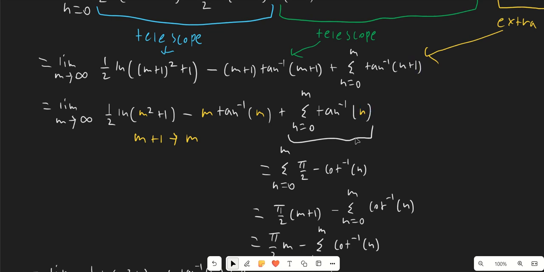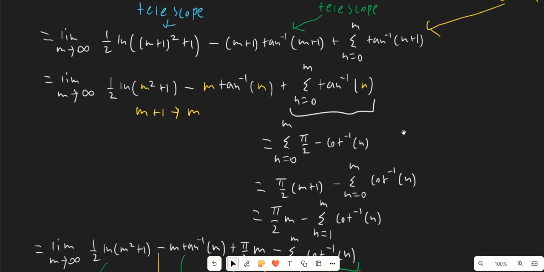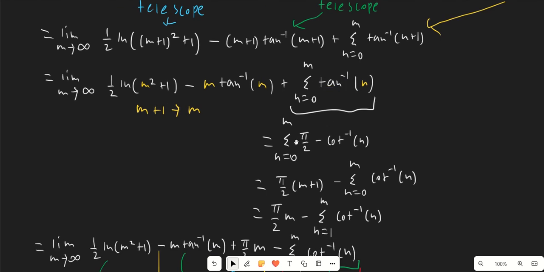Notice I replaced n plus 1 with n right here, and that just happens after I shifted the index and then added this term at n equals 0. So these two are the same summation, essentially just shifted over by 1. And so now we're going to sort of use our identities here. We're going to replace tan inverse of n with pi over 2 minus cotangent inverse of n.